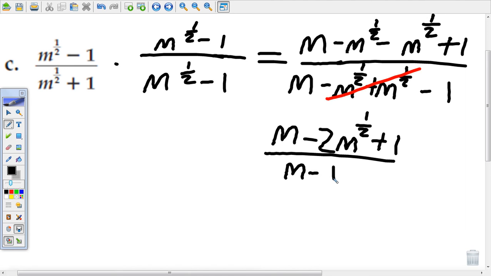There's no factoring in the top that I can think of that are going to multiply to positive 1 that add to negative 2m to the 1/2, so that's not going to work. We're good. Is our denominator rational? Yeah, we rationalized it. That's good. That is the solution.